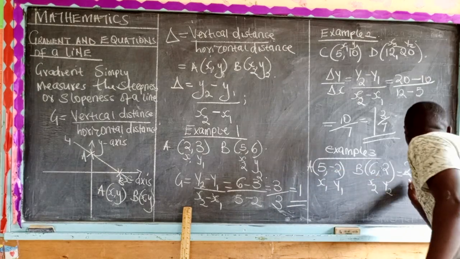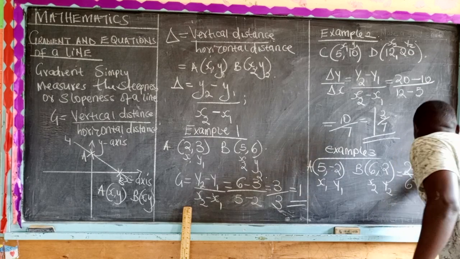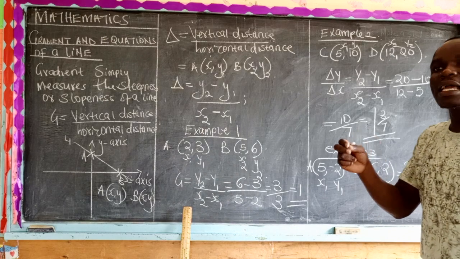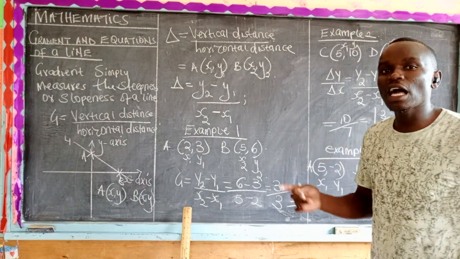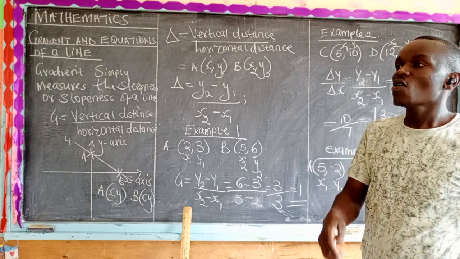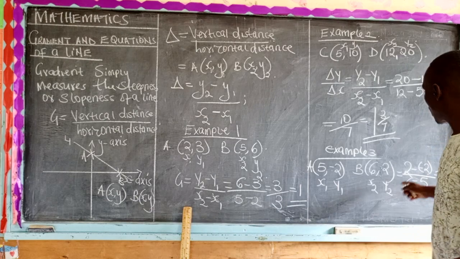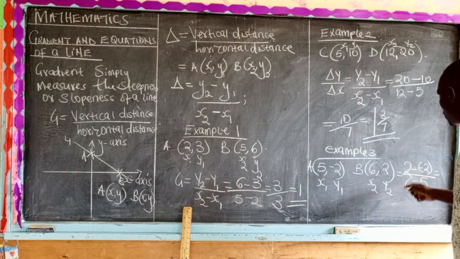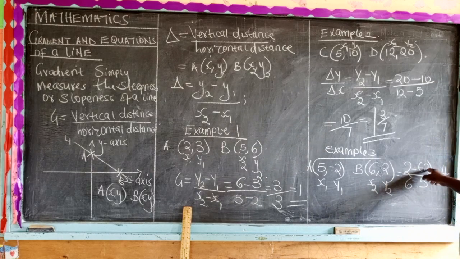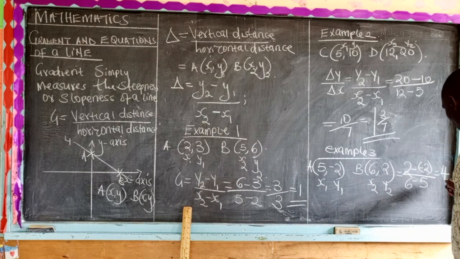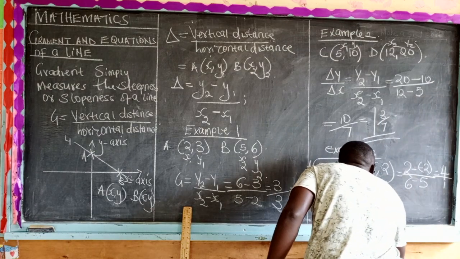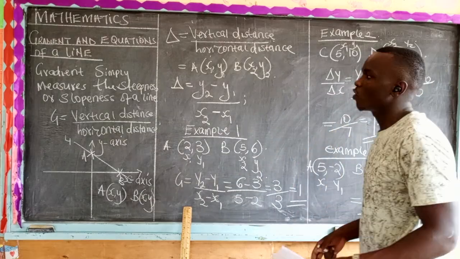Where minus and minus follow each other, they change to plus. Minus multiplied by minus, we agreed, is going to give us positive. So 2 minus negative 2 is going to be 2 plus 2, which is 4, over 6 minus 5, which is 1. So the gradient is going to be 4.